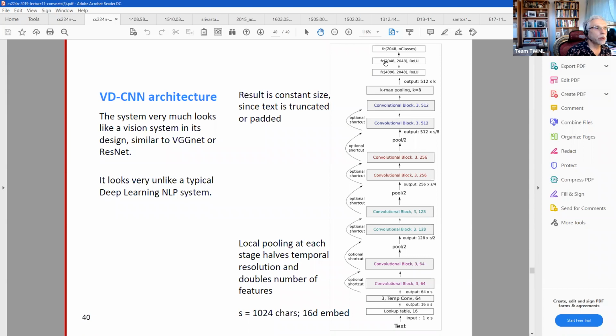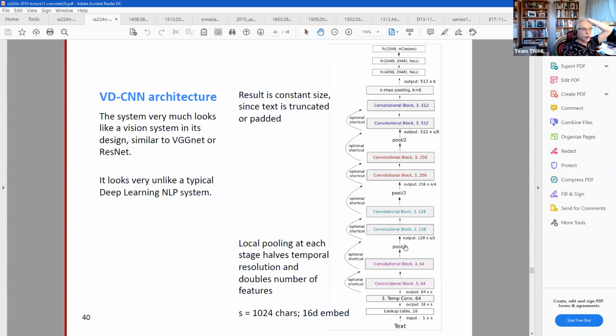The input is 2048, and the output is 2048, followed by a ReLU. And finally, you have a 2048 layer getting mapped to however many classes you're trying to classify. So in that sense, this architecture makes sense. The details are probably a little bit fuzzy, but we understand each piece now.